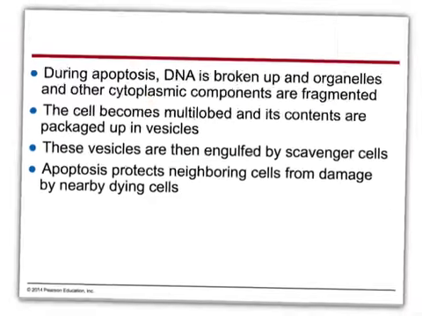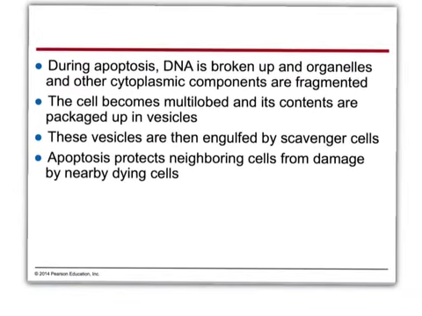So during apoptosis, DNA is broken down, and organelles and other cytoplasmic components are fragmented. So basically what happens in apoptosis is there's a signal from the outside, or there's some type of stimulus that starts this sort of cascade.